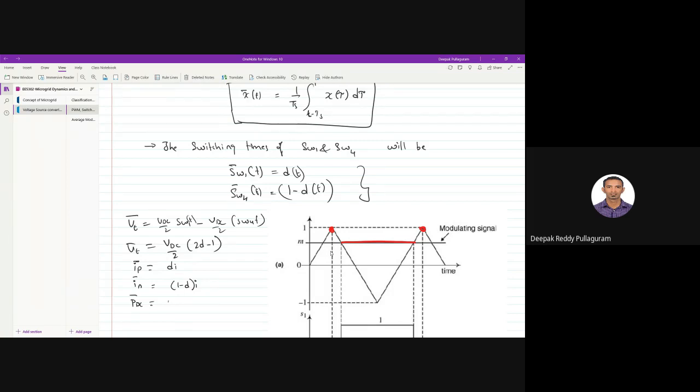This comes as VDC by 2 into (2D minus 1) into I. PT also will be the same because we are considering a lossless system.